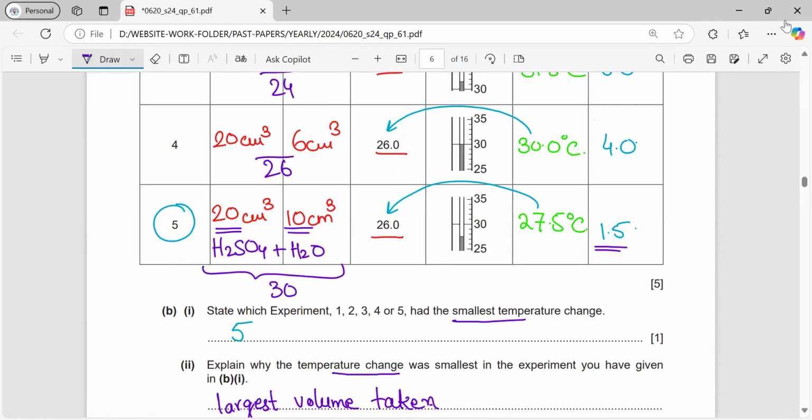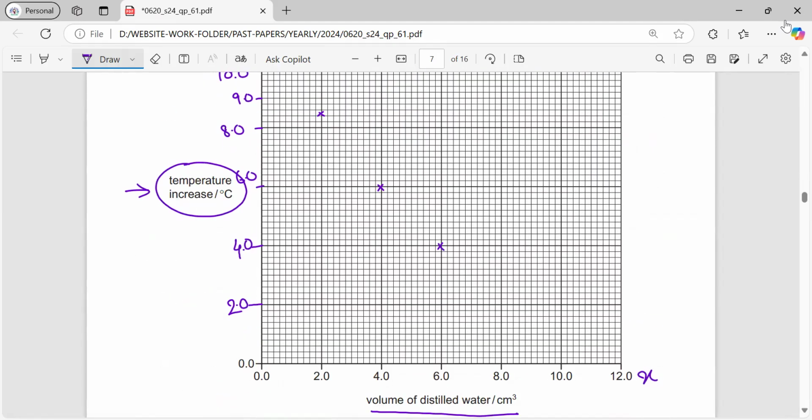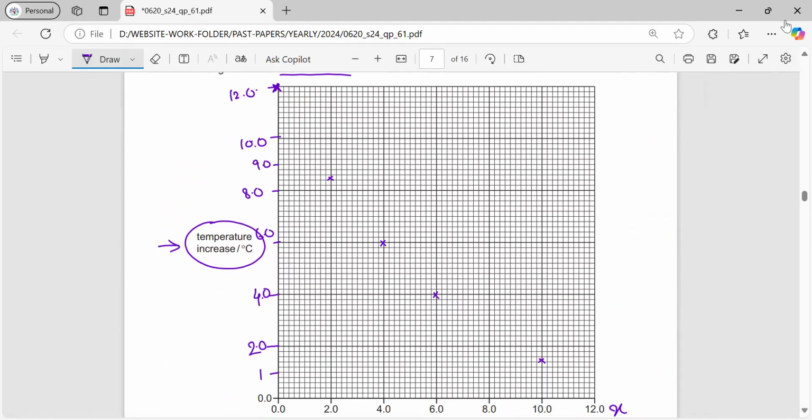Then at 10, we have 1.5. At 10, it's here, it is 1, so it will be somewhere in the middle here. Now we'll join these points to make a line of best fit.